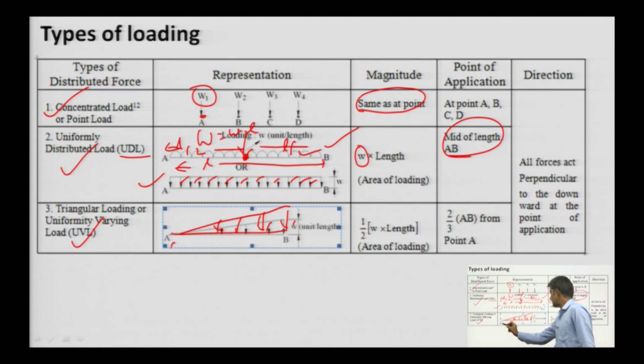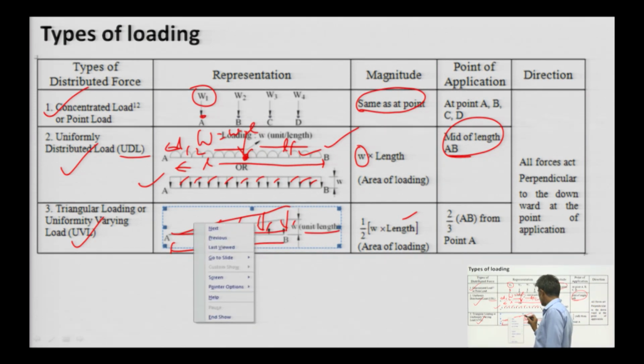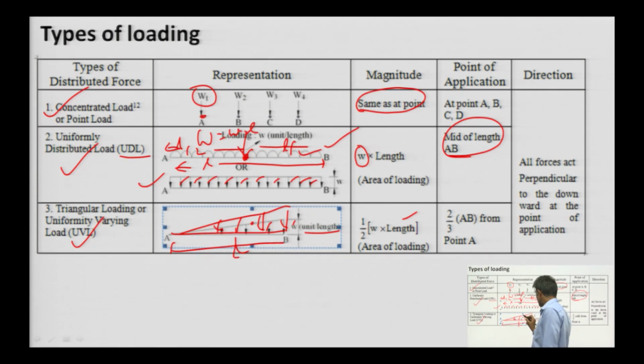Half into length L, into this intensity of loading W. And this load will be concentrated at the CG of this triangle, and we know that the CG of a triangle, if this is L, is at 2 by 3 into L, 2 by 3 AB.